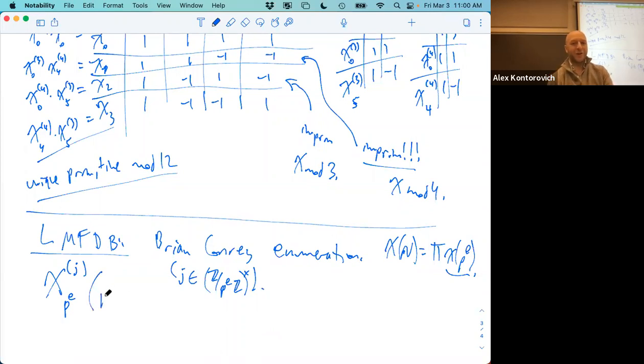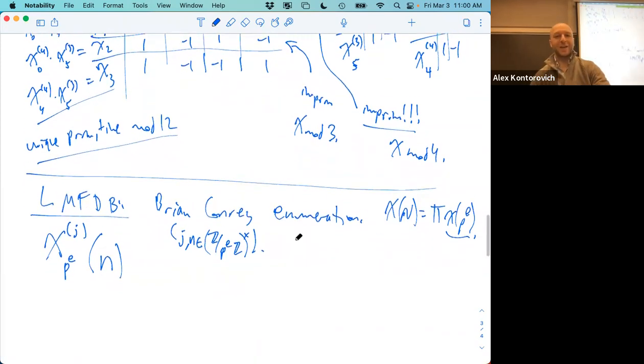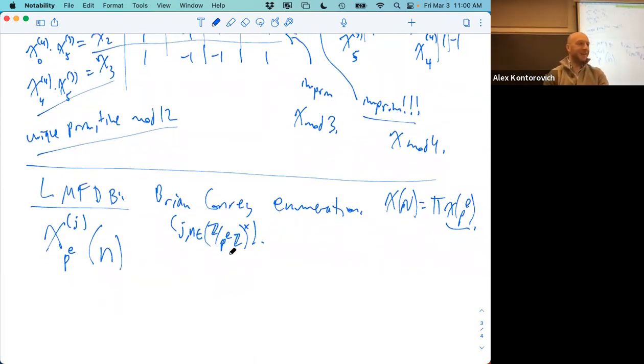Okay. And how do I determine what its value on an integer n is? Where j and n are both elements of the multiplicative group mod p to the e. Okay, so here's what you do. You know that Z mod p to the e cross has a generator, it is a cyclic group. So let g be the numerically least generator mod p to the e. Probably 2 or 3, not 4, but 5.